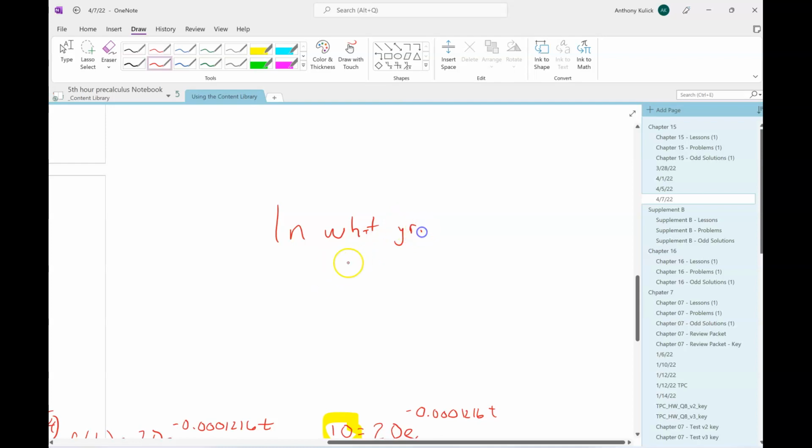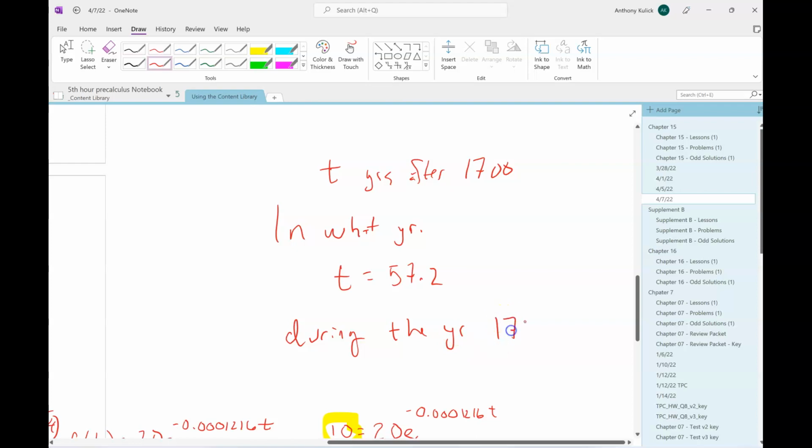Say T is years after 1700. And your answer was like 57.2. You could say as an answer, during the year 1757 would be fine. Or if it asks, what's the first year?